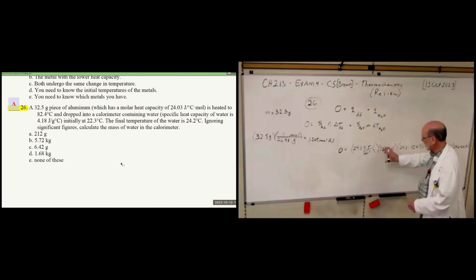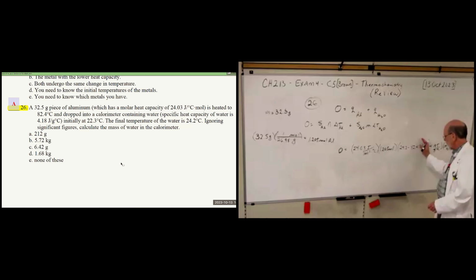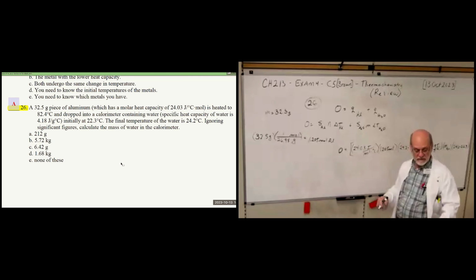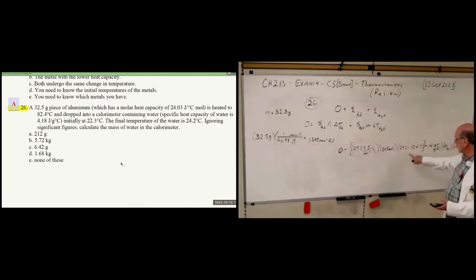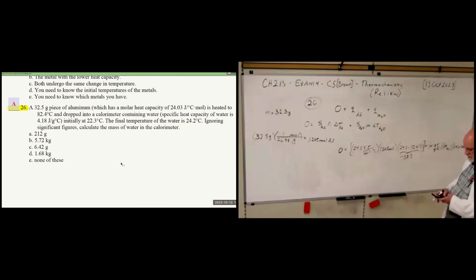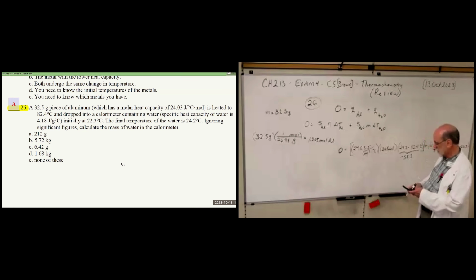All right, so this one has no unknowns in it, so we can do this whole calculation right here and come out with a single number. I want to do this first. 24.2 minus 82.4. So guess what? That's a negative number. It's 58.2 right here, times 1.205 and times 24.03.